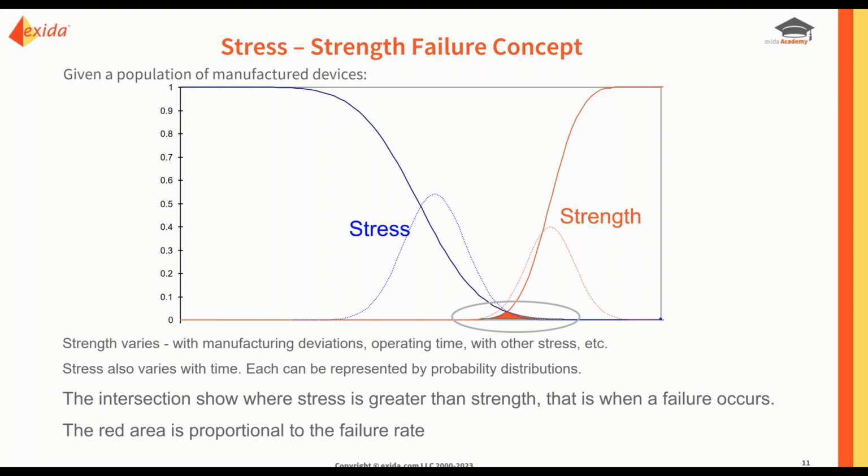Now, in fact, strength varies typically because of some manufacturing deviations, or in other words, manufacturing flaws, material defects, and so forth in a batch of produced product. But strength also varies as a function of operating time. It's typically reduced as a function of some stress factors.